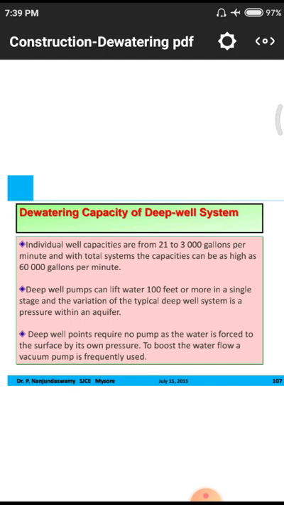Next one, deep well pumps can lift water 100 feet or more in a single stage, and the variation of typical deep well systems is a pressure within the aquifer. Normally an aquifer means a small quantity of water stored in a particular area. Those areas we call aquifers. In different areas, for the purpose of irrigation, that means agriculture and small scale irrigation, they use these kinds of aquifers. Why?